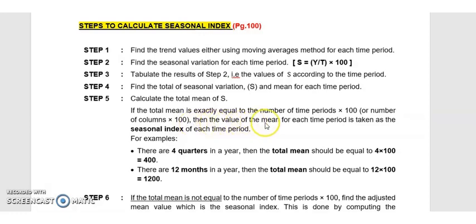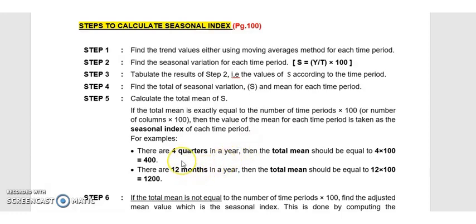The value of the mean for each time period is taken as the seasonal index of each period. So if you get exactly 300, the mean will be the seasonal index. Don't worry, I will explain later with the example.